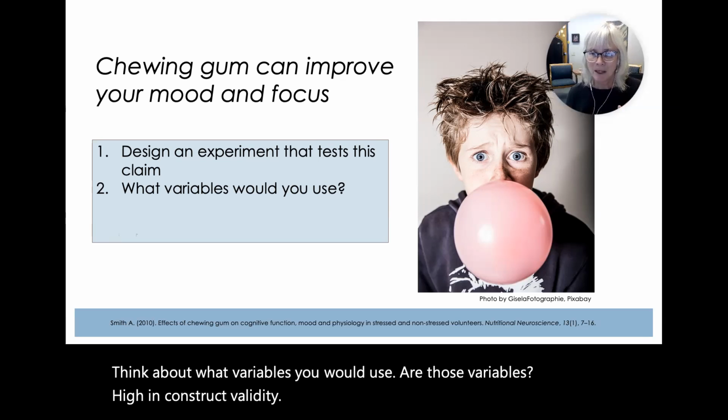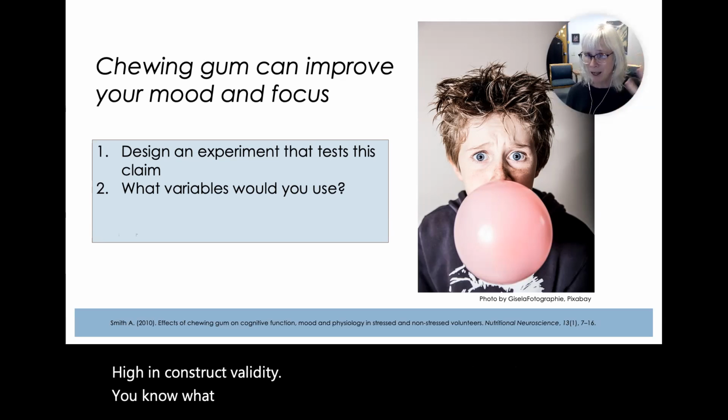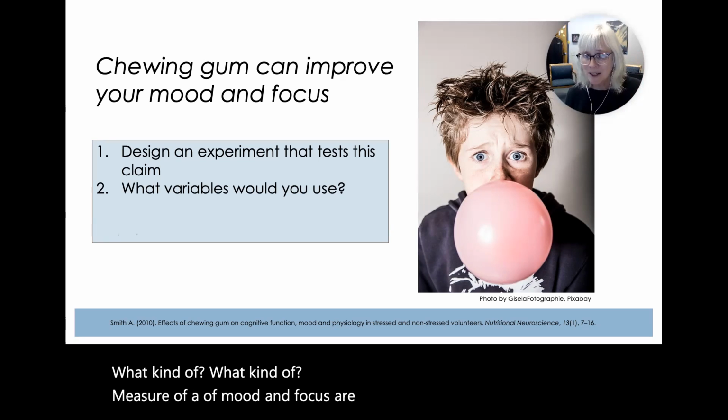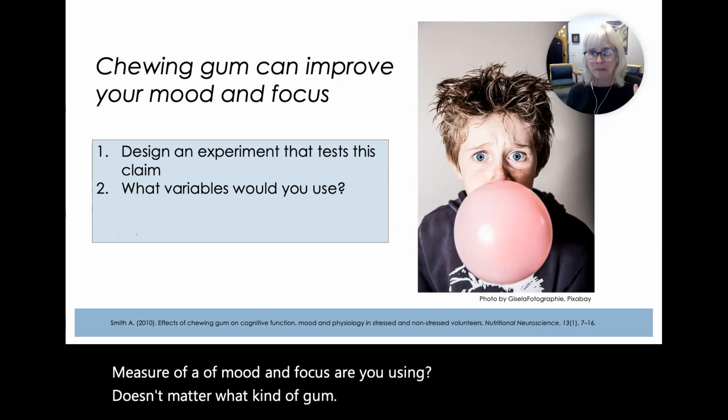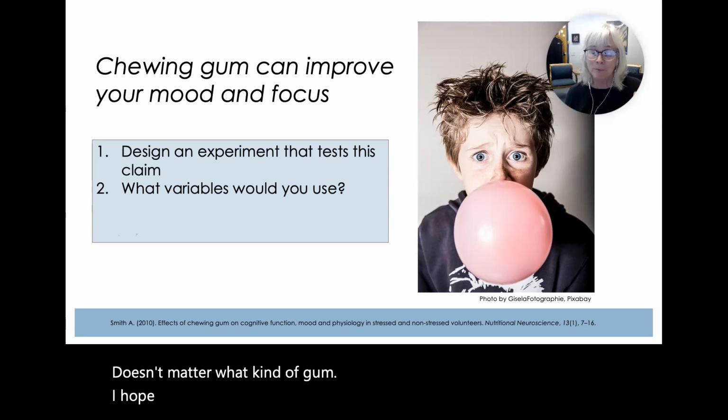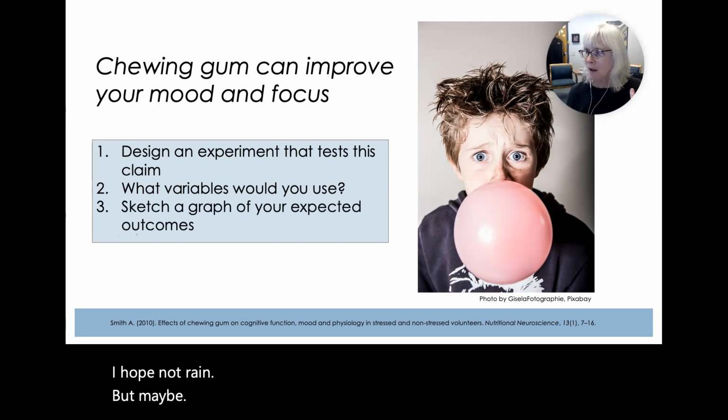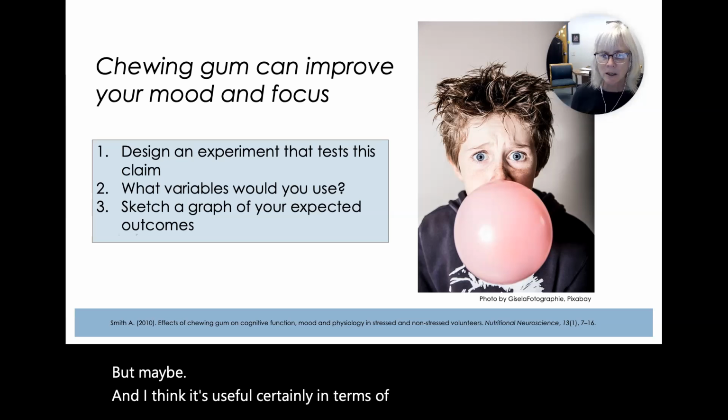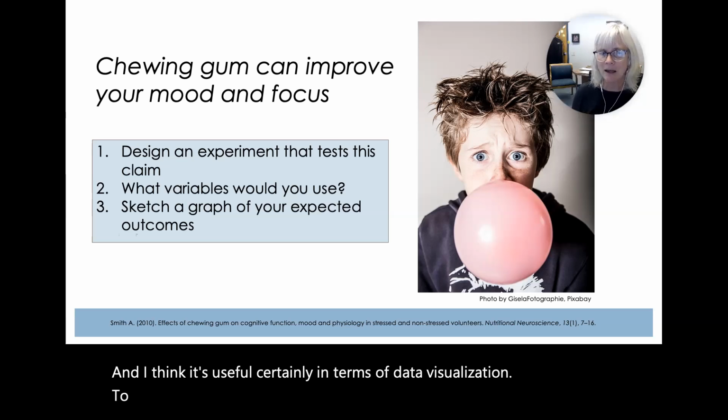What kind of measure of mood and focus are you using? Does it matter what kind of gum? I hope not, right? But maybe. And then I think it's useful, certainly in terms of data visualization, to sketch a graph of your expected outcomes.